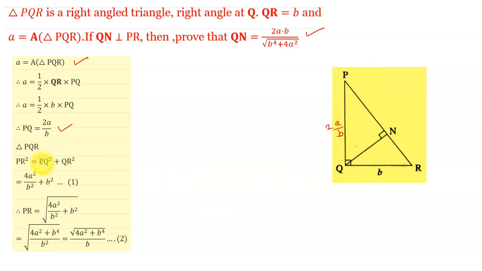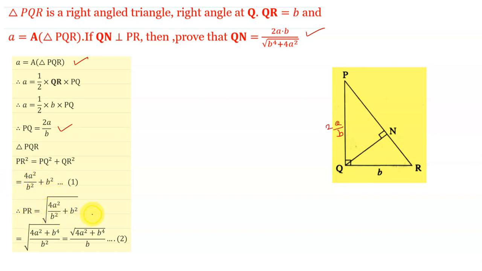PR square is equal to PQ square plus QR square. What is PQ? 2A upon B, its square is 4A square upon B square, plus B square. Simplifying again, B raised to 4 comes, 4A square plus B raised to 4 upon B square.